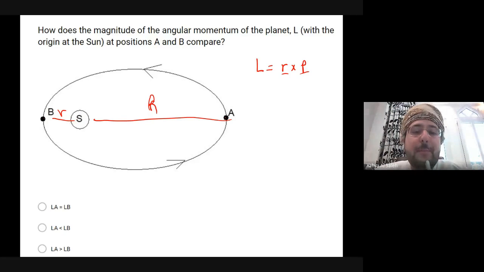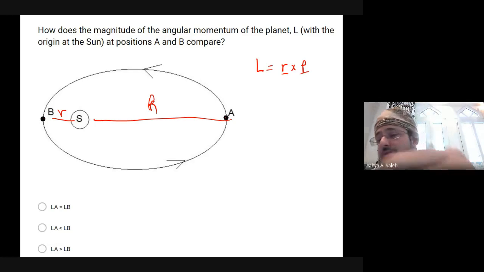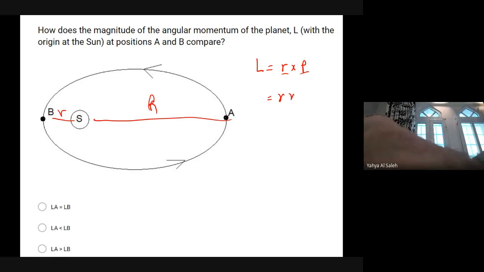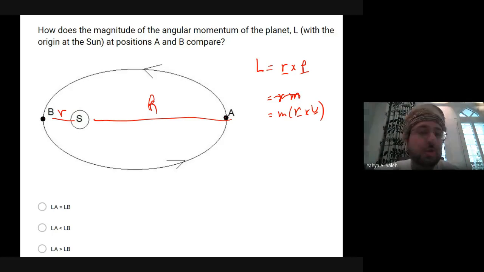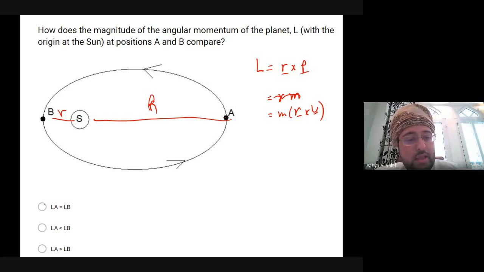So we would imagine that L at point A will be more than L at point B since R is longer. Turns out though, that's not true. LA equals LB. And I'll explain why to you in a second.